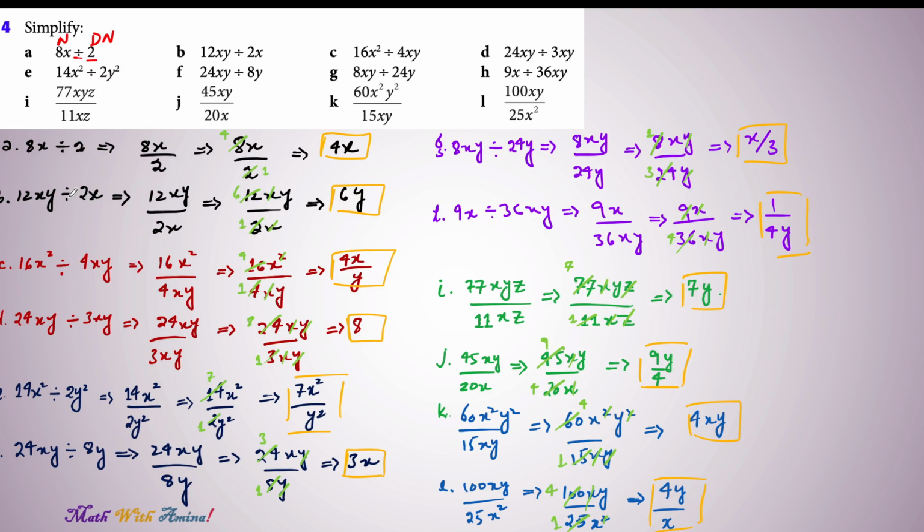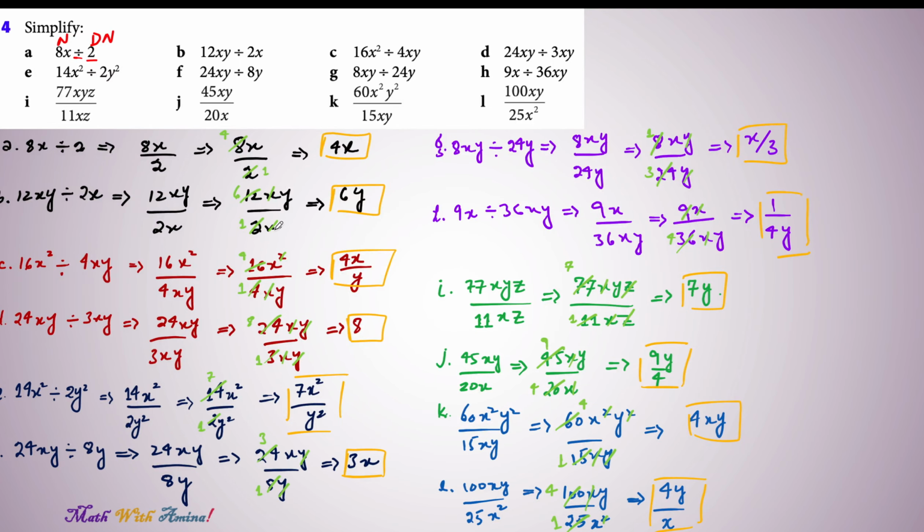Next, we have 12xy divided by 2x. Now here we write them as a fraction, 12xy over 2x. Then we deal with the numbers first. 12 over 2, 12 divided by 2 is 6, so 6.